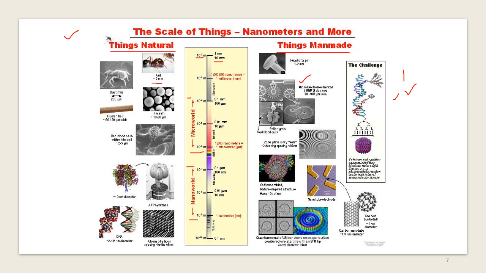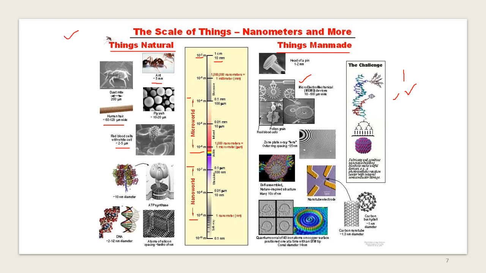Then a dust mite is 200 micrometers in size. Human hair is 60 to 120 micrometers wide. Fly ash is approximately 10 to 20 micrometers. Red blood cells are approximately 2 to 5 micrometers.